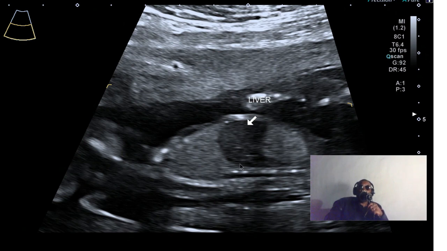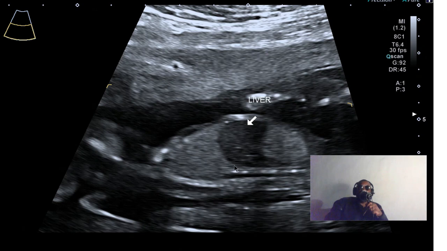This structure here is the liver. The fetal liver here is more pronounced, and it's markedly more hypoechoic as compared to the rest of the fetal body organs. You can see how big the liver is.